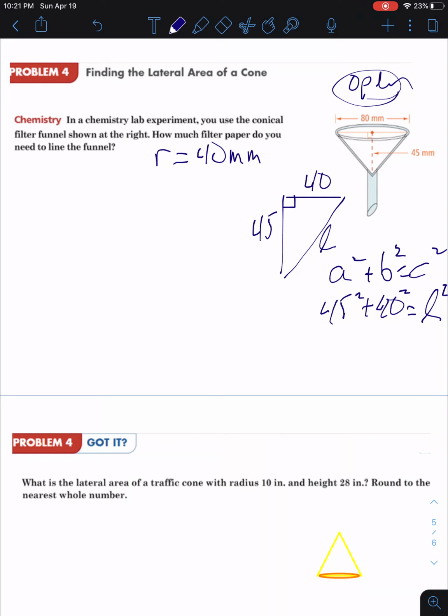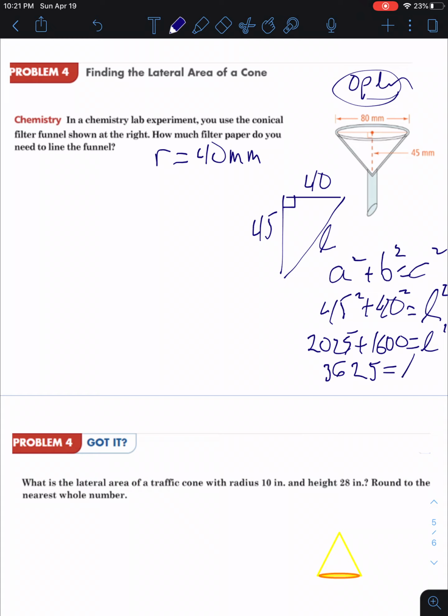That's going to give me 2025 for 45 squared plus 1600 for 40 squared is L squared. Add those together, we've got 3625.